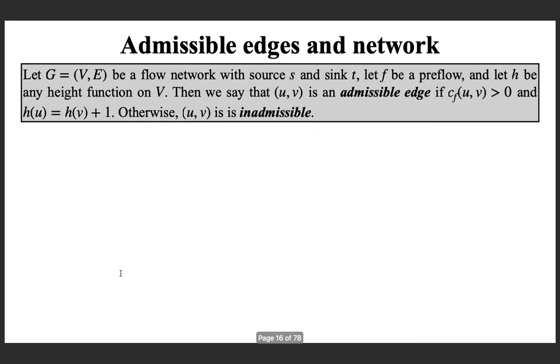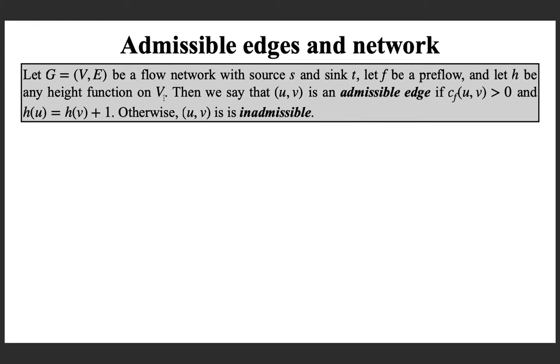Formally, let G be a flow network with the source S and sink T, let F be a pre-flow, noting that in push relabel based algorithms we relax the flow conservation property and hence the flow is what is called a pre-flow, and let H be a height function on the vertices.